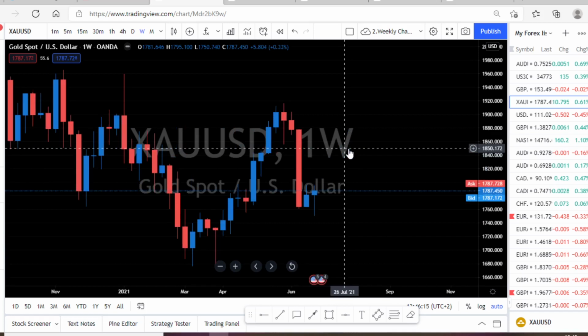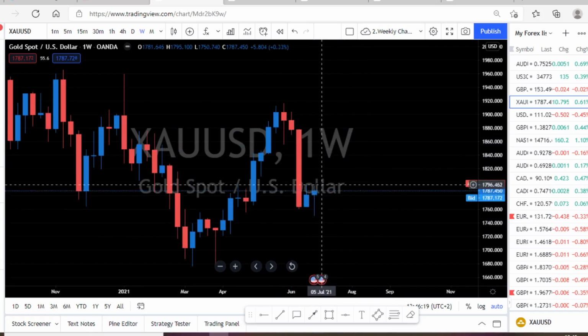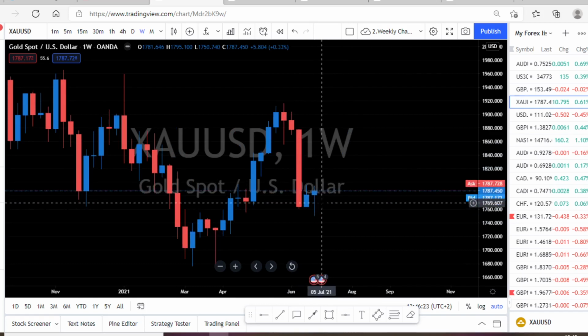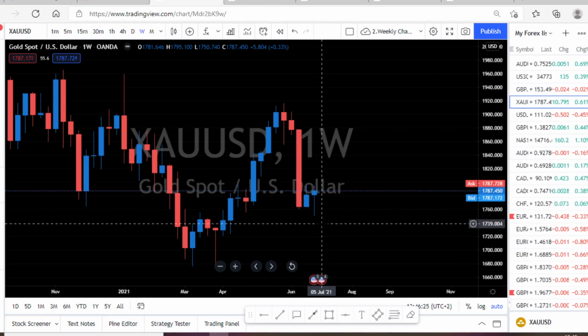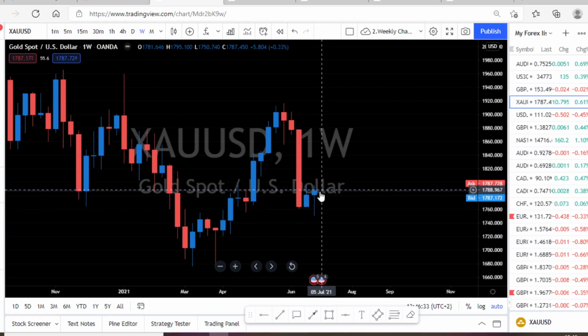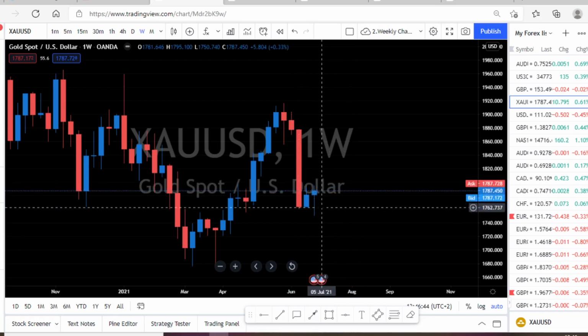So what did we have here? We have this candlestick pattern, which is a hammer. But what is happening here? This candle broke below the price and closed above, did not break above the price. But we cannot just say this is a reversal candlestick pattern based off where it is.